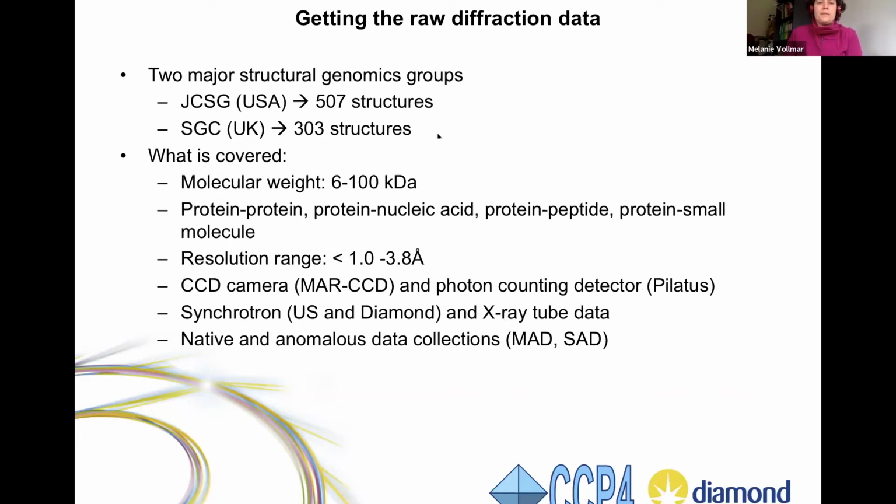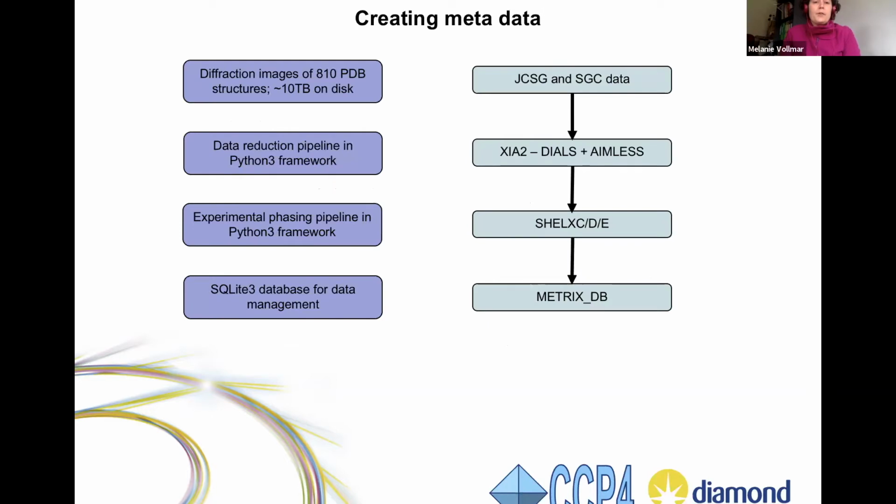So it's a whole mix of data I collected and gathered. So much so that I had to ask for additional disk space. The whole bunch of the 810 structures amounts to about 10 terabytes of data, which was no longer available in our standard storage space. So I had to buy a separate storage space.